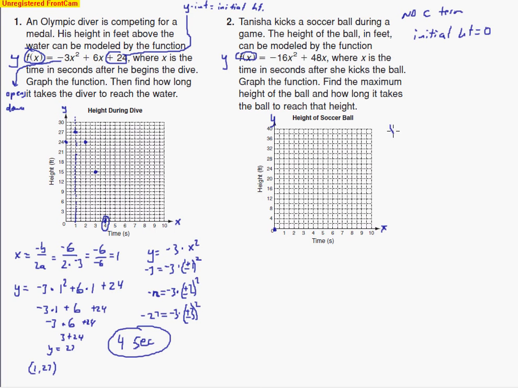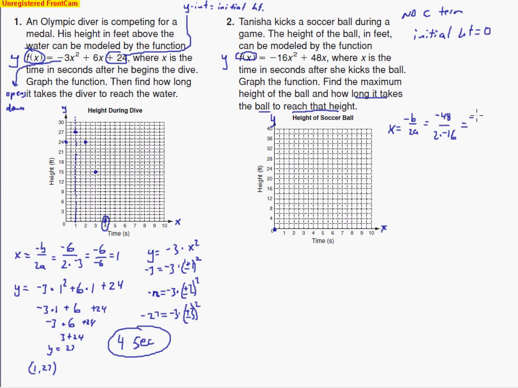So what we want is the axis of symmetry to start with, negative b over 2a. And this is actually going to give us the second question. It's going to give us how long it takes the ball to reach that maximum height. So negative b. So the b term is 48, so it's the opposite of that, so negative 48 over 2 times negative 16.